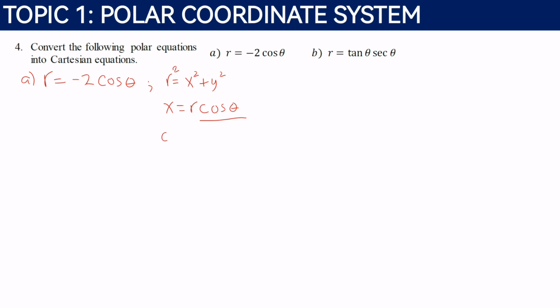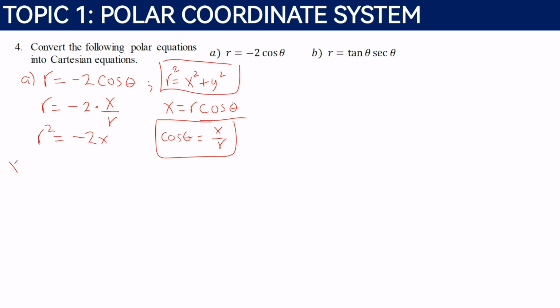So cosine of theta is actually x over r. Let's see what we will get. I have r equal to negative 2 times x over r. Thus, I have r squared equal to negative 2x, and r squared is x squared plus y squared, equal to negative 2x.